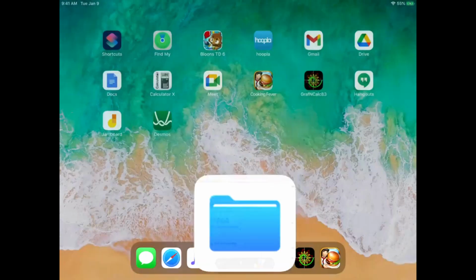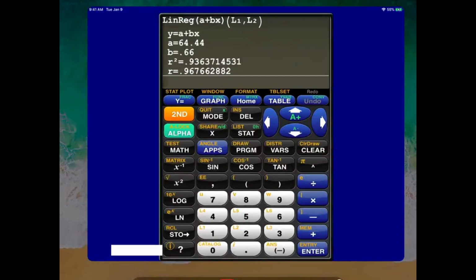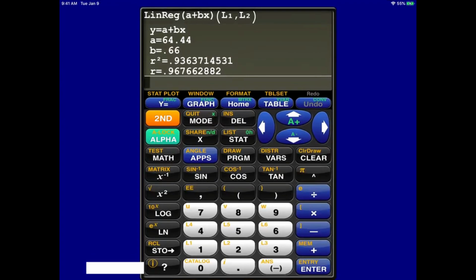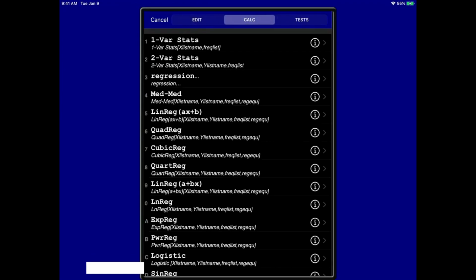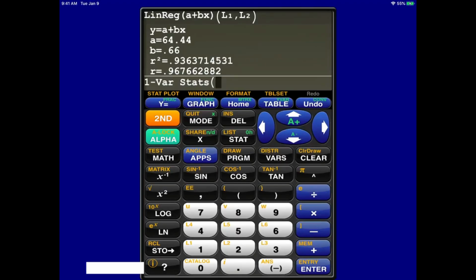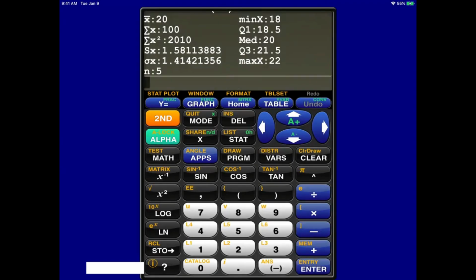Okay, so let's go and do that. Now we already have the information here, so you can just press Stat, Calc, one var stats, and here I just want L1. So that would be second 1, or you can also press second stat. Let me show you that one. And it has the names. Okay, this is what I wanted.